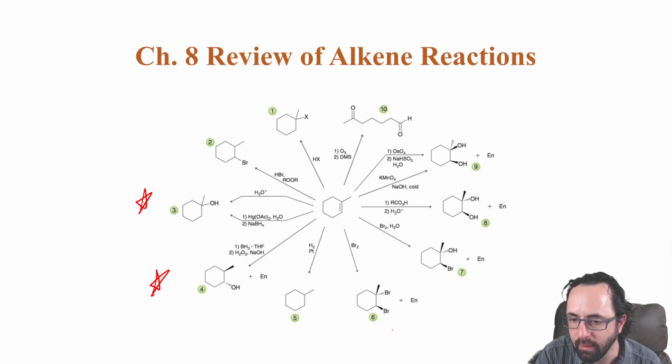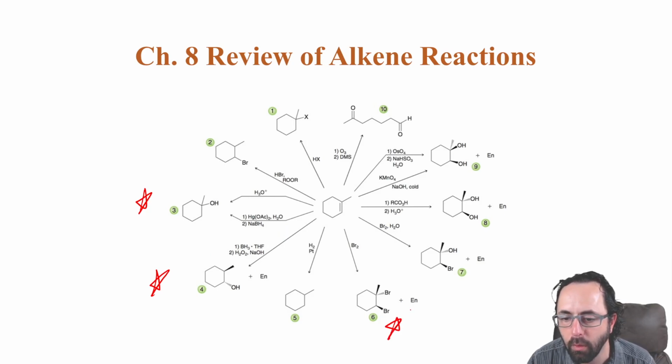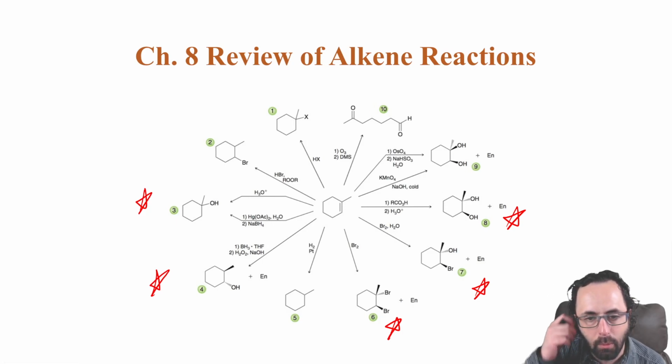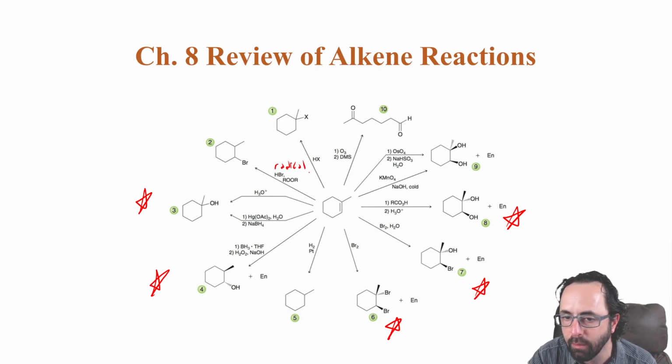We also discussed the mechanism for the halogenation, the halohydrin formation, the anti-dihydroxylation, which was a peroxy acid followed up by an acid. And we did not discuss any of the other mechanisms, but this one we'll discuss a little later. This is a radical mechanism that we can discuss when we discuss other radical mechanisms a little bit later.